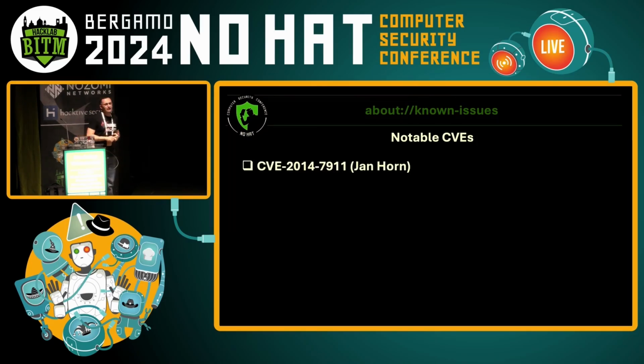The first one, in 2014 by Jan Horn, proved that the ObjectInputStream didn't check if the incoming object belonged to a serializable class. This gave him the opportunity to create objects of any class and send them to another app, a privileged one in this specific case.